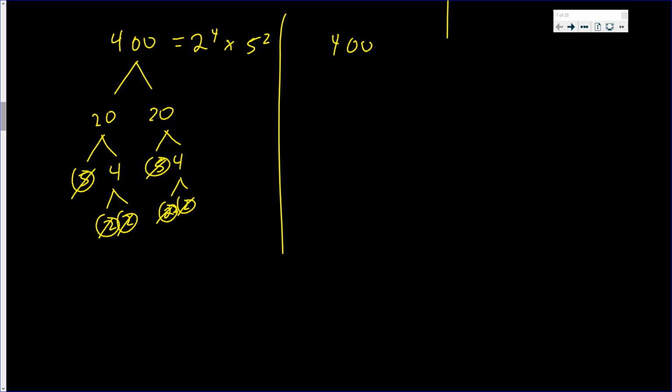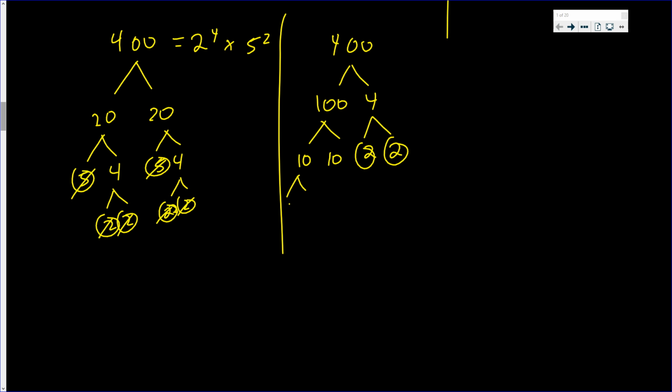Just try it a couple more times. Another student can say it's 100 times 4. None of those are prime. So break it down. 100 is 10 times 10, or 20 times 5, or 25 times 4. 4 is not prime, it's 2 times 2.